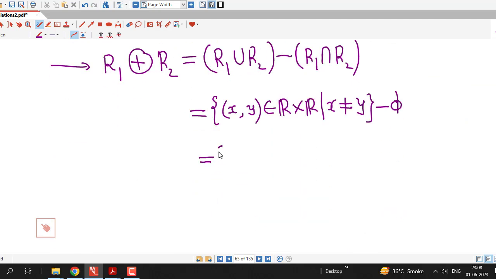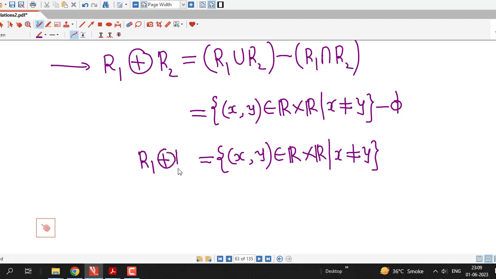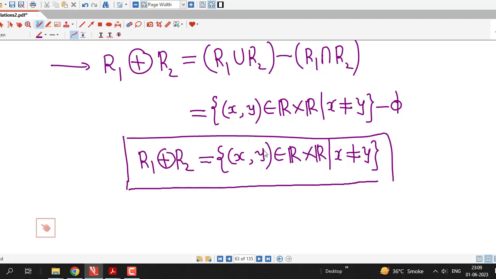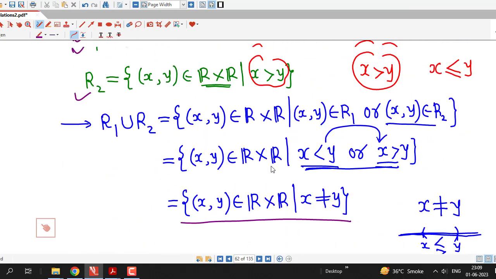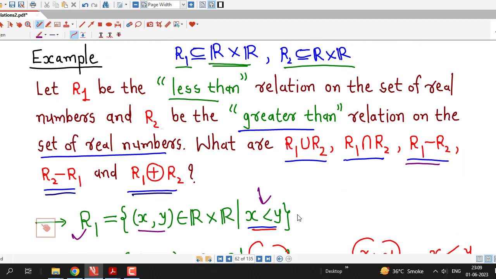That means this is equal to the ordered pairs xy in R cross R such that x is not equal to y. This is the symmetric difference of the two relations R1 and R2. Consider all those ordered pairs from R cross R for which both the components are not equal. The symmetric difference of R1 and R2 is also obtained now.